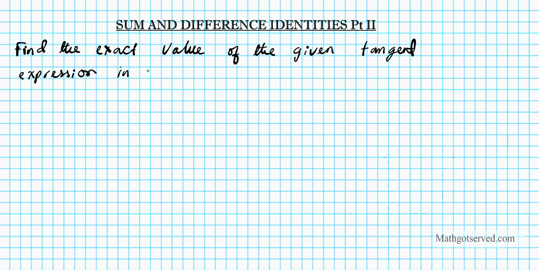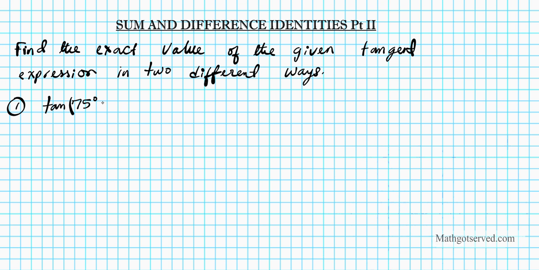All right, we're going to do it in two different ways. All right, so the expression under consideration in this example is tan 75 degrees.